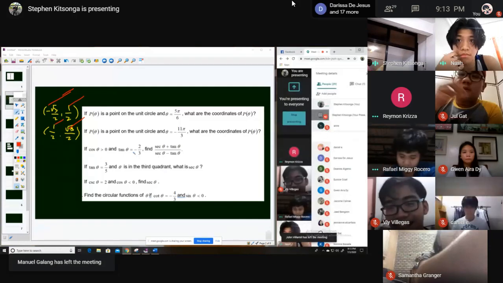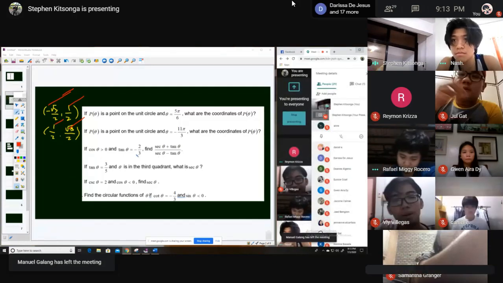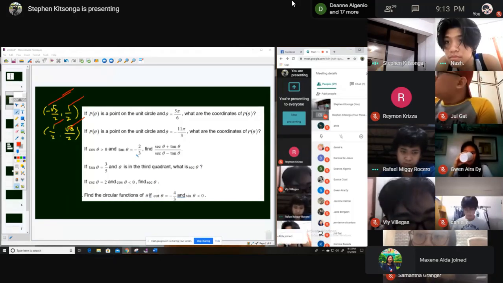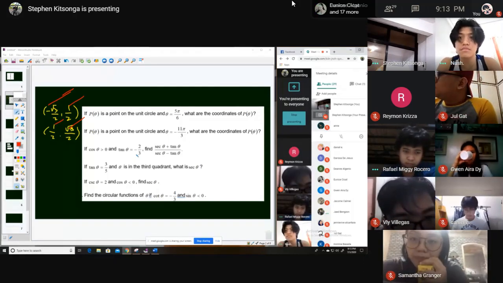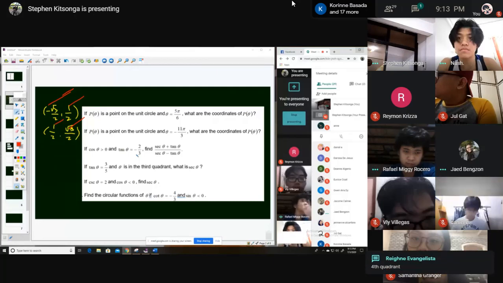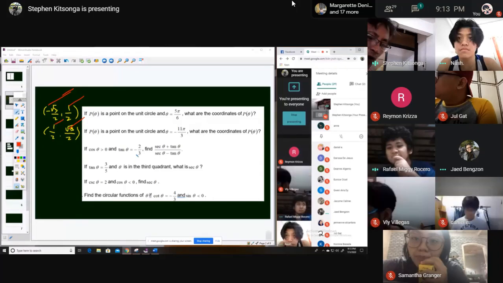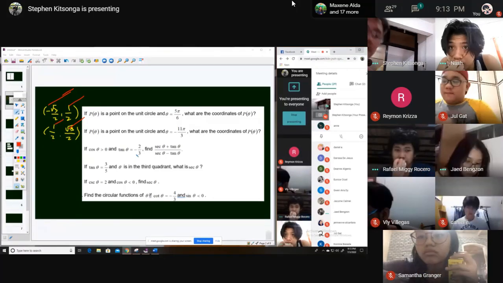We're given tangent and then we're asked to evaluate the expression. Important condition is that cosine is positive. If cosine is positive and tangent is negative, nasan yung angle, guys? Where do you think is the angle located? Fourth quadrant, sir. And ano yung mismong angle, guys?